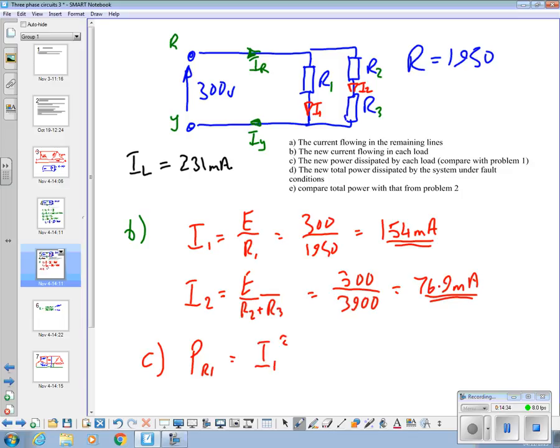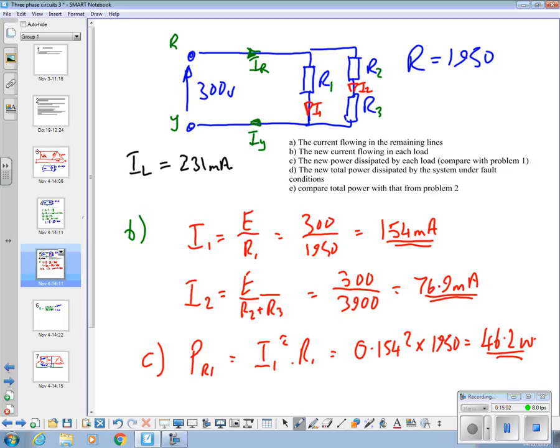I1 squared R1, so that's 0.154 squared times 1950 equals 46.2 watts. Yep.